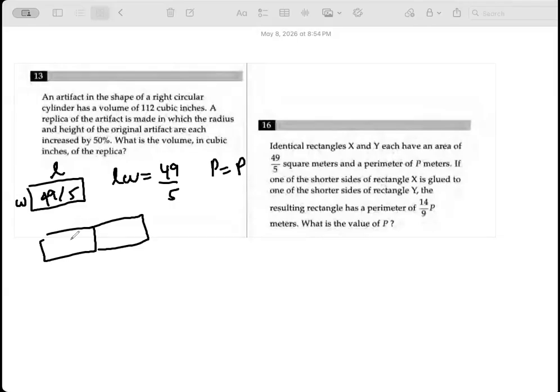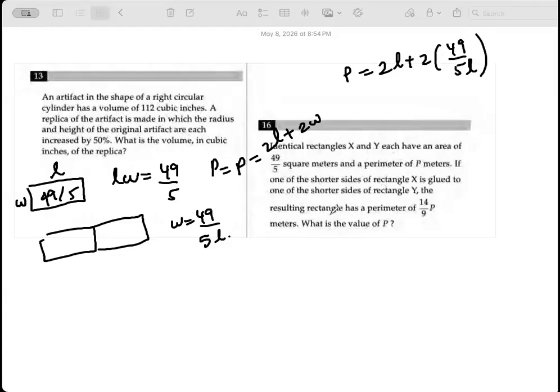The perimeter P initially was 2L plus 2W, correct? But I can say W will be equal to 49 by 5L. If I put that in here, P will be equal to 2L plus 2 times 49 by 5L.